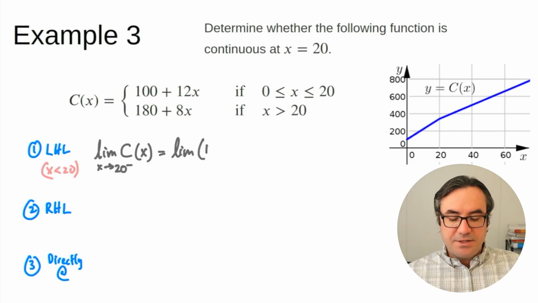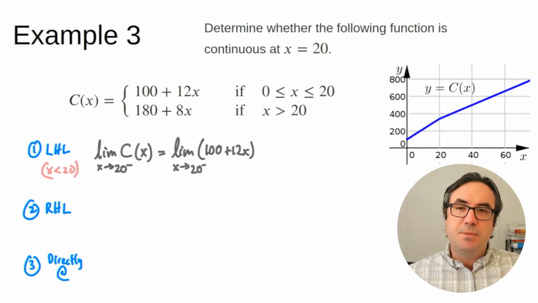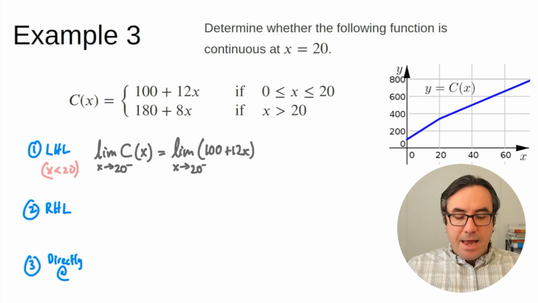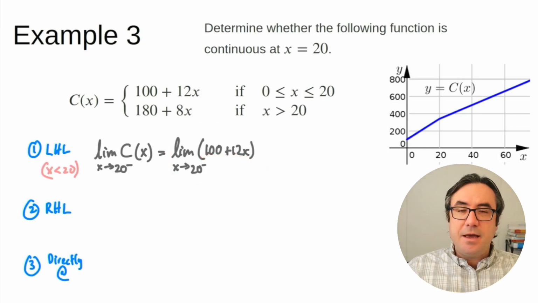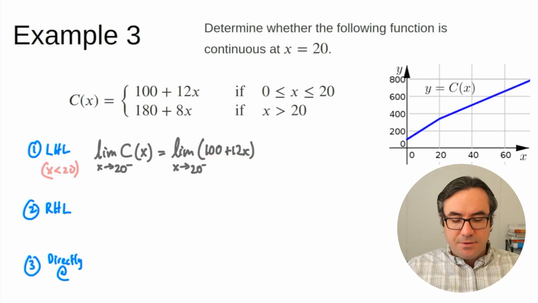So we need to use the first piece of our function for the left-hand limit. So we're going to replace that c of x with what our formula is when x is a little bit smaller than 20. Now this limit that we're going to calculate here is just a polynomial now, this 100 plus 12x. So we know we can evaluate that by direct evaluation.